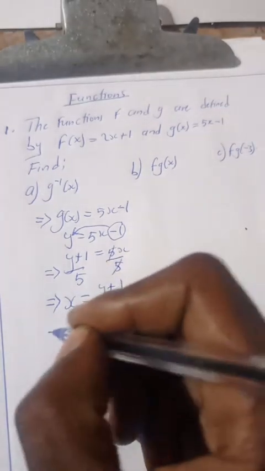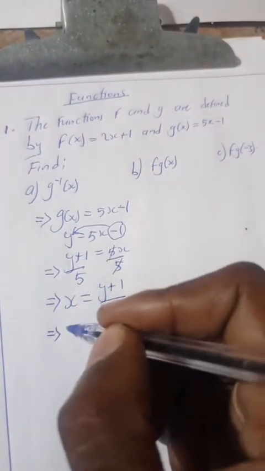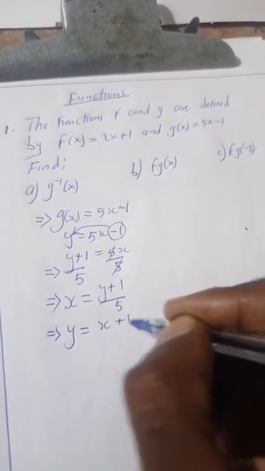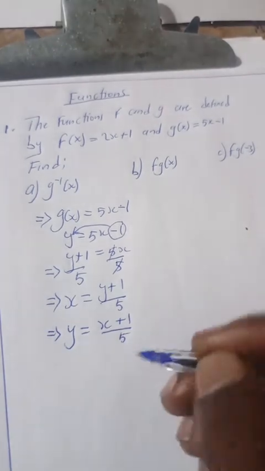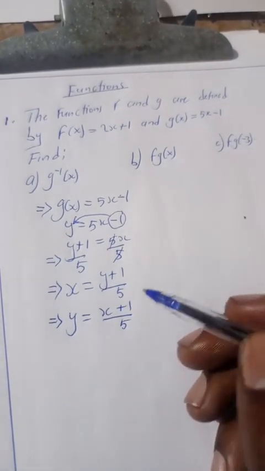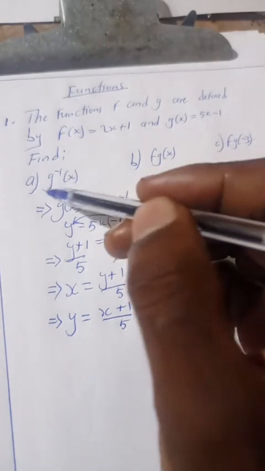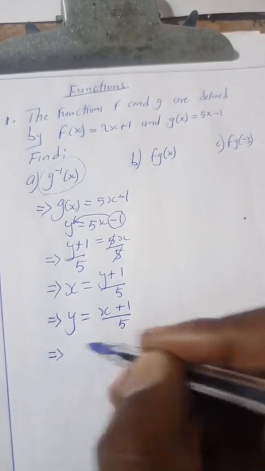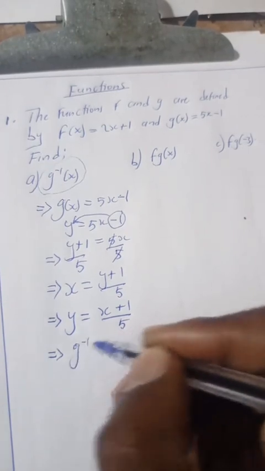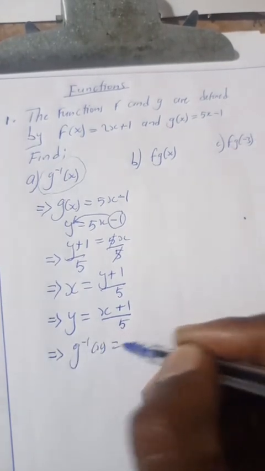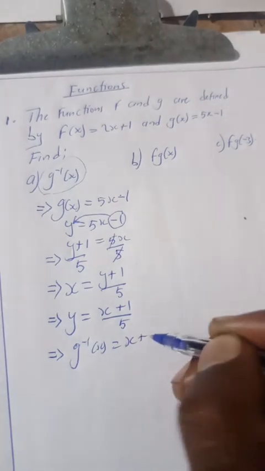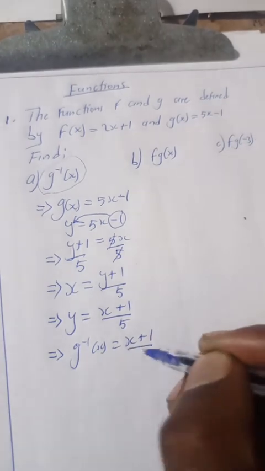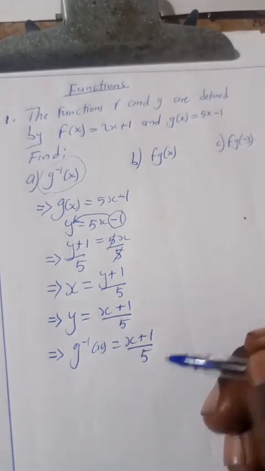So we put y is equal to x plus 1 over 5. Now remember, what are we finding? We are finding the inverse of g function. So we bring that expression here. We say the inverse of g of x is equal to x plus 1 over 5.